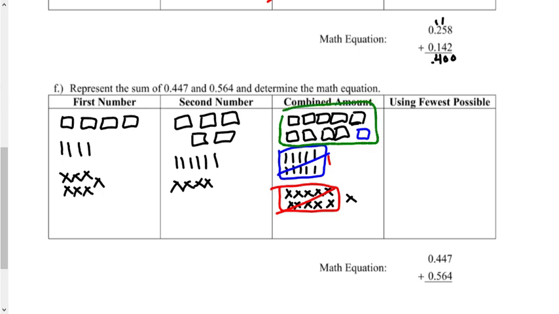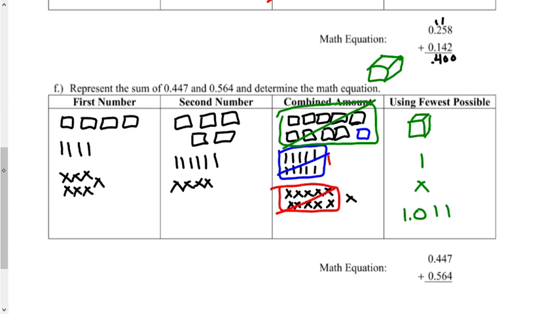These can all go together and make 1 big whole, or a cube. So using the fewest symbols as possible, it looks like this. I've got 1 whole cube, I've got 1 rod left over, and I've got one unit. So the answer to this will be 1 cube, 0 flats, 1 rod, 1 unit. So that will be my answer.